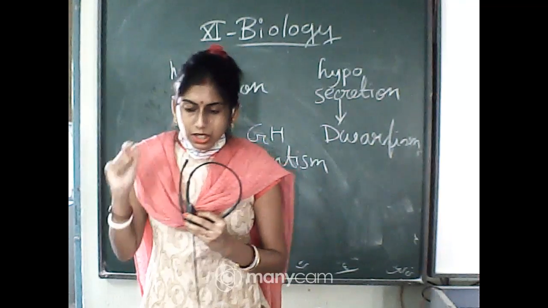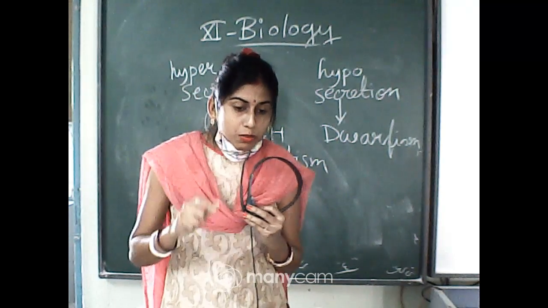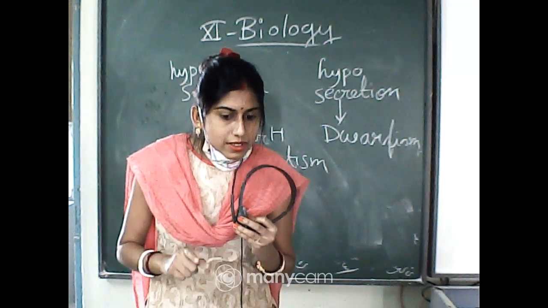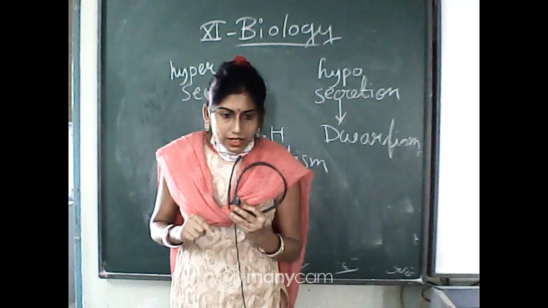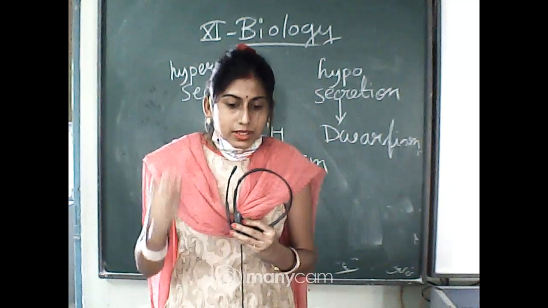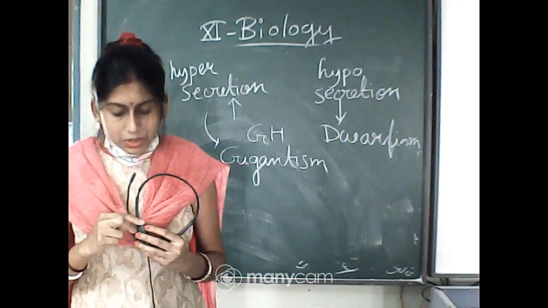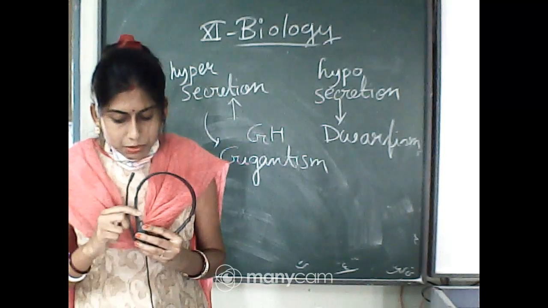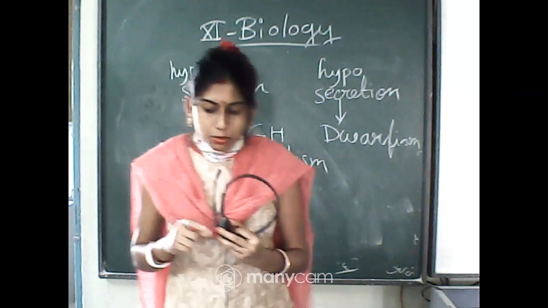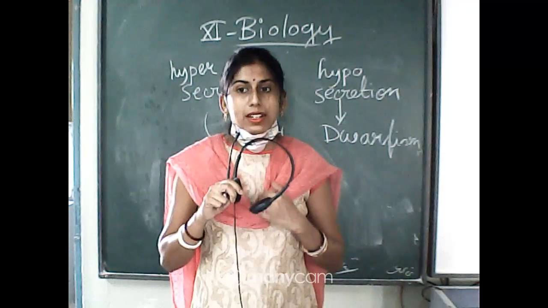TSH, thyroid stimulating hormone, stimulates the synthesis and secretion of the hormones of the thyroid gland. Thyroid gland is another endocrine gland, right? And the thyroid gland synthesizes and secretes the thyroid hormones. And adrenocorticotropic hormone, that is ACTH, stimulates the synthesis and secretion of the steroid hormones, glucocorticoids, which are released from the adrenal cortex.